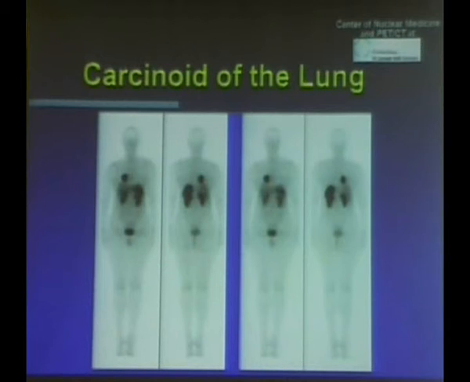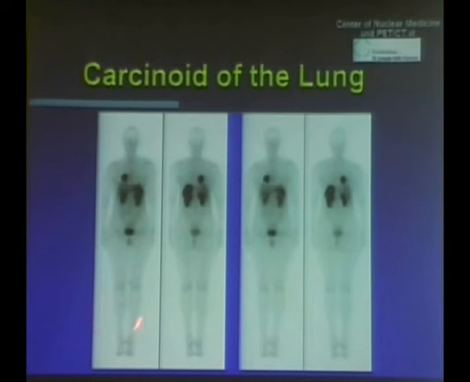Now some examples to show you the results and the discussion based on the results of this scintigraphic method. This is a patient with a carcinoid of the lung. Because of this, an octreotide scintigraphy was performed. You see the whole body imaging. The question was metastasis of lymph node or not, metastasis of liver or not.